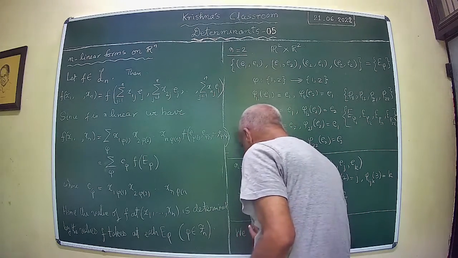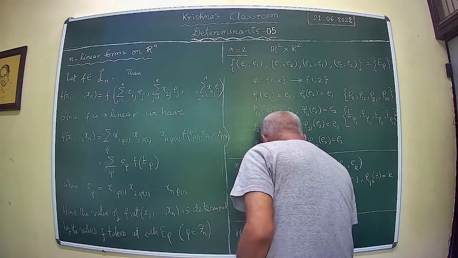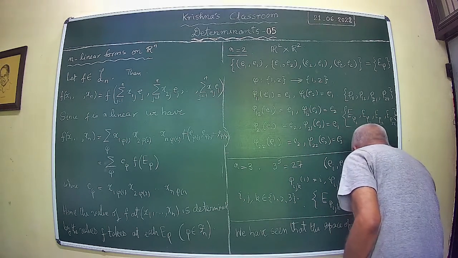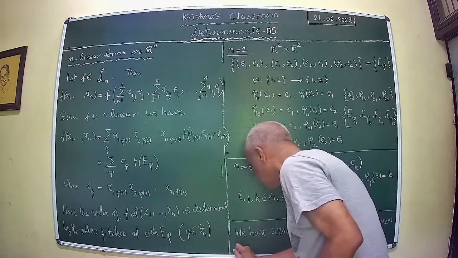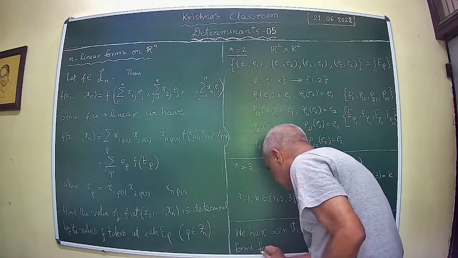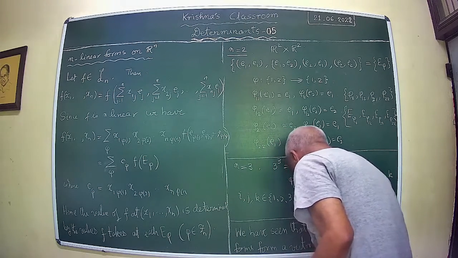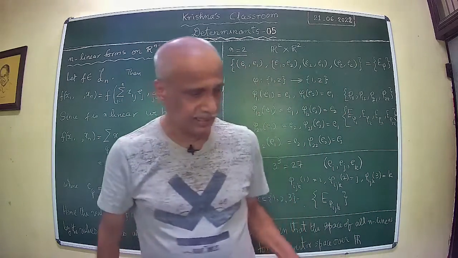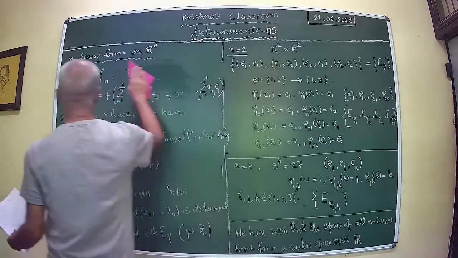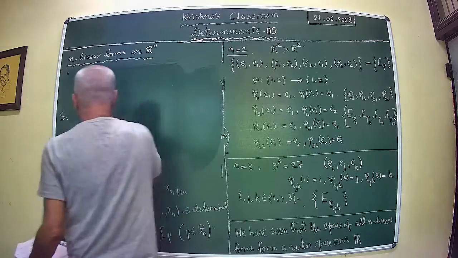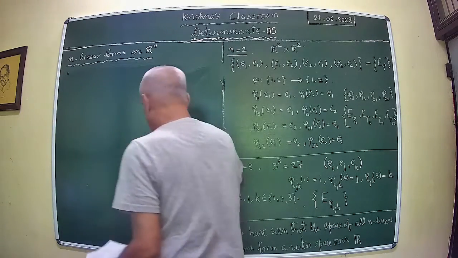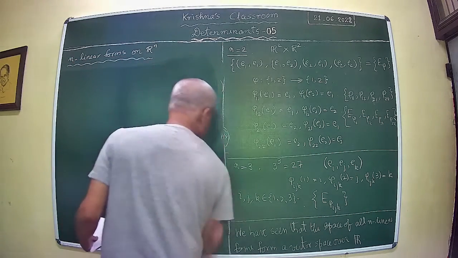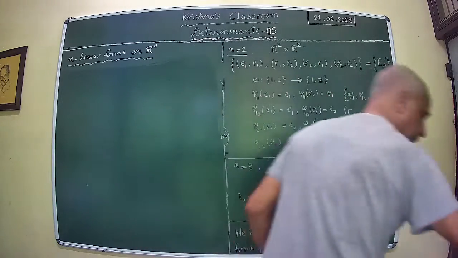So we have already seen that the space of all n linear forms, let us designate this by x tilde. So let x tilde denote this vector space.